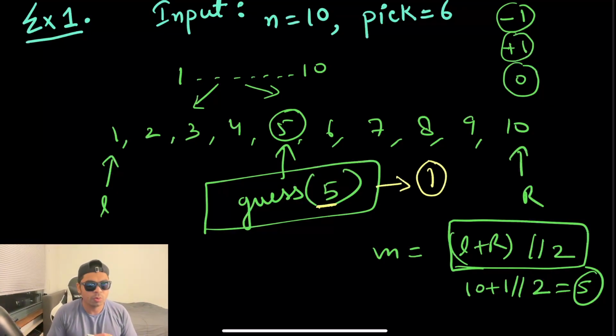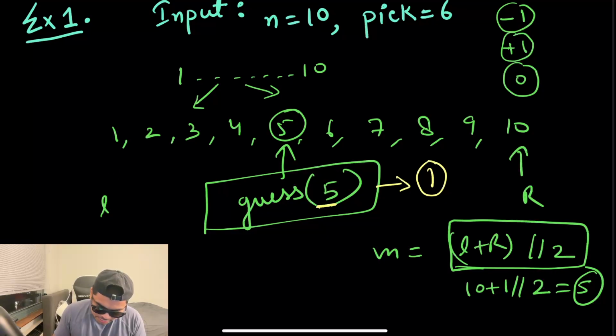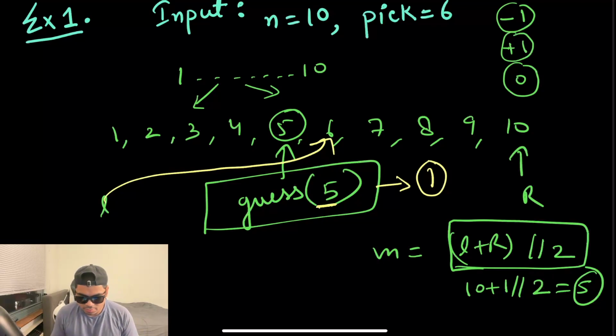Then we would know that our guess was lower than what the actual pick is. So we will move our left pointer to mid plus 1, which is 6. So mid was 5, 5 plus 1, 6. So this is our left pointer now.